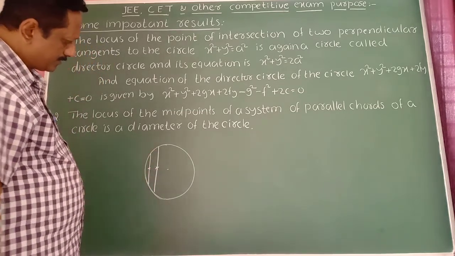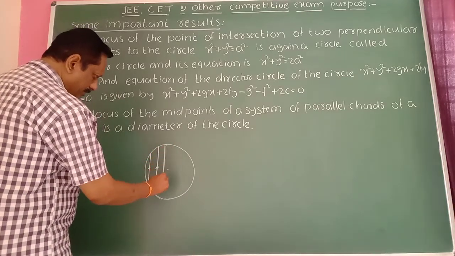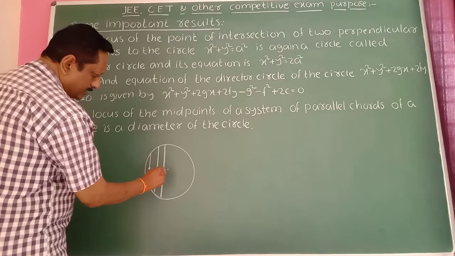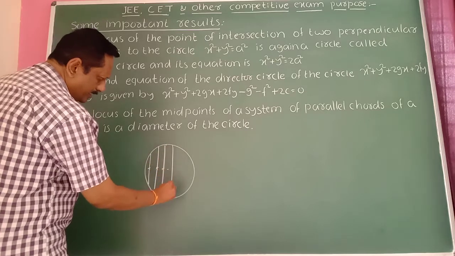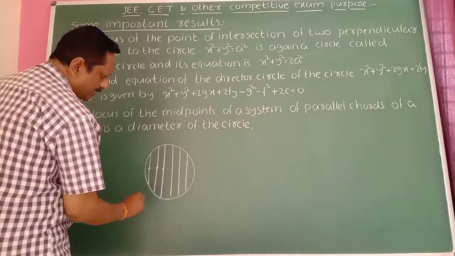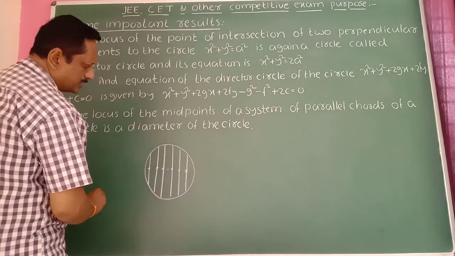Here is one more chord. This is also parallel to the previous one here. So this is the midpoint of this chord here. Therefore, there are so many parallel chords like this. These are midpoints of these parallel chords here.